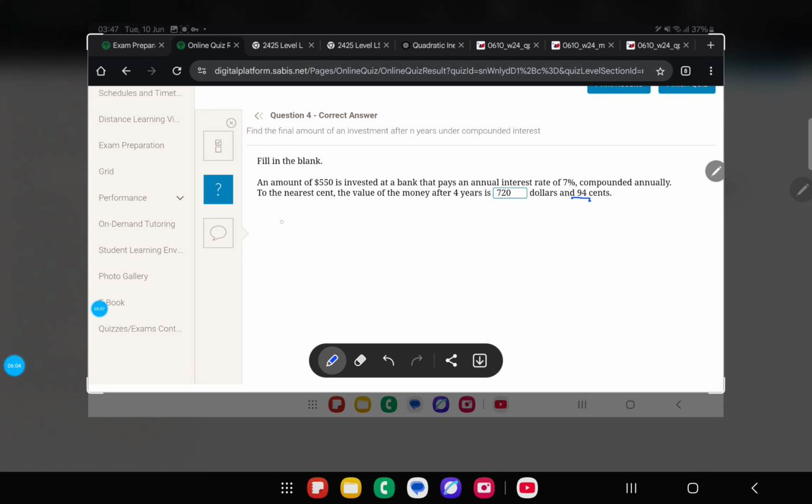Now let's use a rule. They said compounded annually, so we use the annual rule, which is P bracket 1 plus x over 100 to the power of t, which is 550 times 1 plus x over 100. X is 7, to the power of t, which is 4.